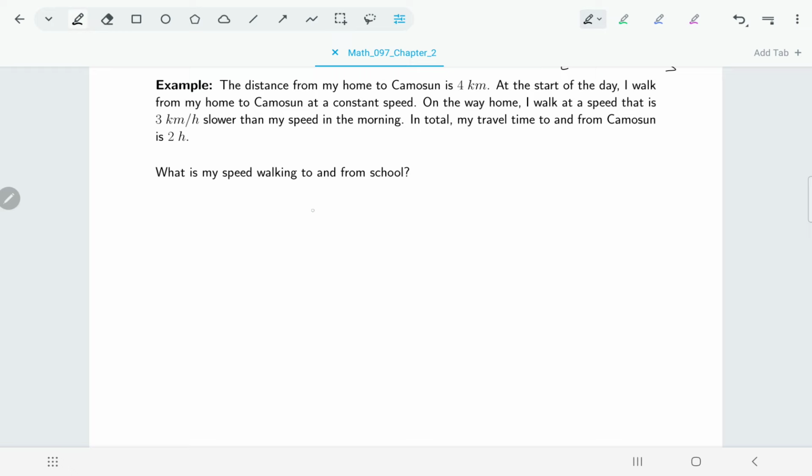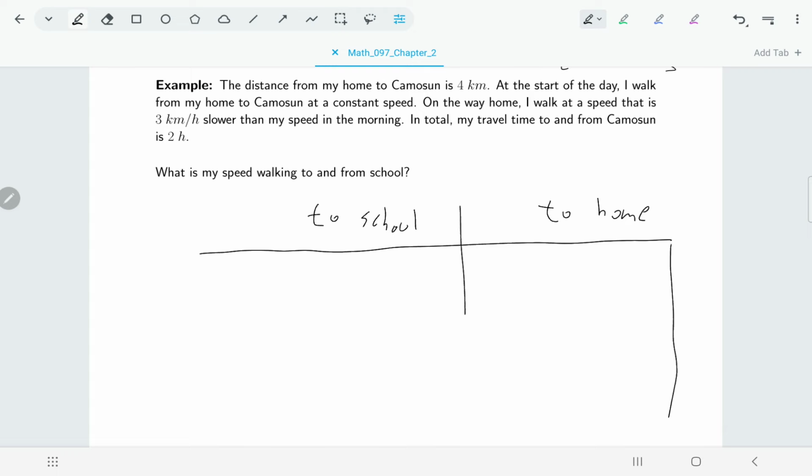So I'll begin with my information going to school, and then I've got my information going home, the second part of my trip. And if I'm looking at my three things that I've got, there's distances, there's speeds, and then there's times.